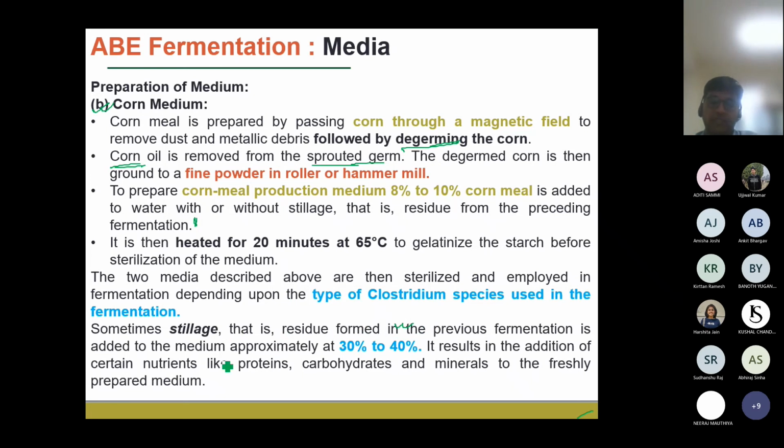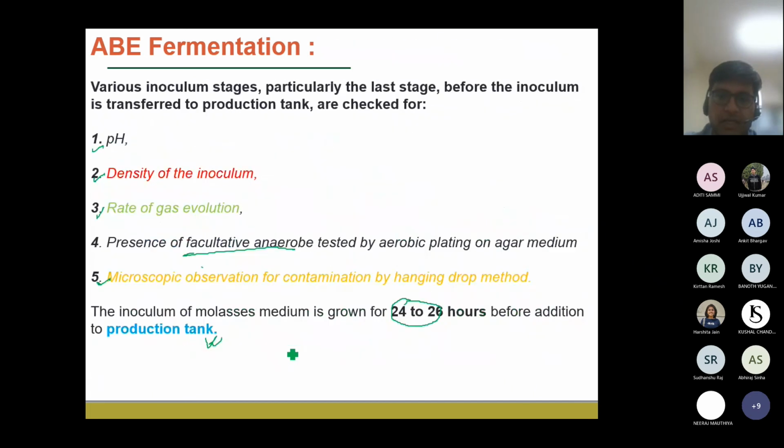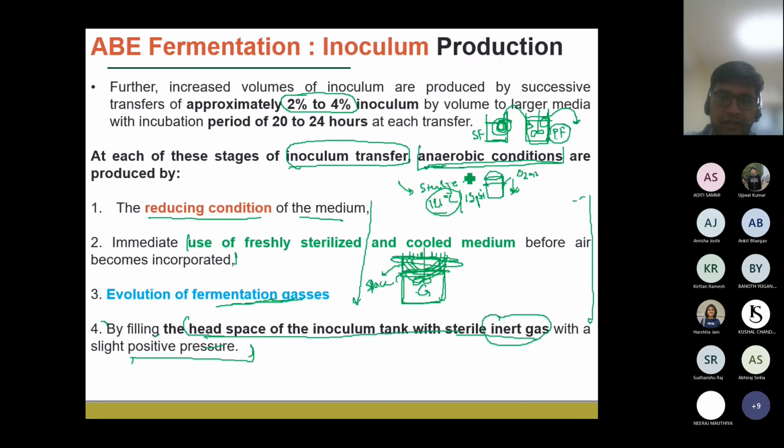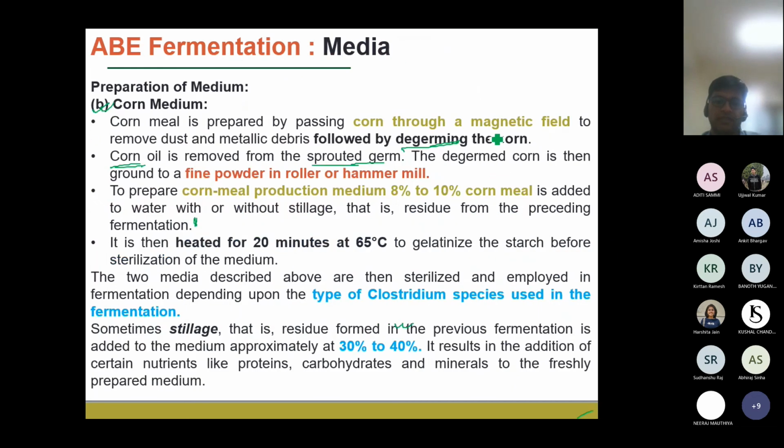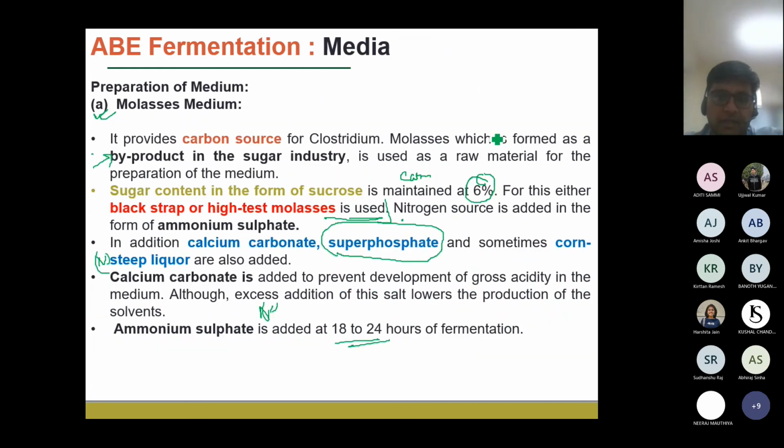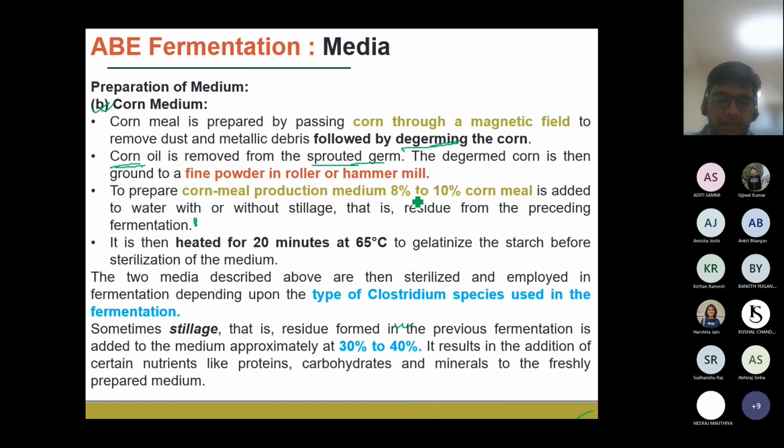So stillage means the process by which we take the biomass from the previous fermentation, like what we have discussed in this particular diagram. The fraction taken from one fermenter to the production fermenter is what is called stillage, and here it is carried out at 30 to 40%.